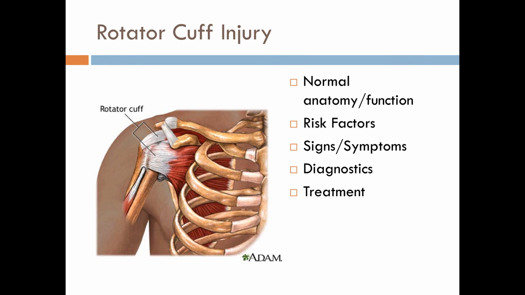Or people who have injury, like they fall with their arm outstretched, or have a blow to their upper arm, or they're lifting heavy things, or they're having any sort of repetitive work motion. So people who swing hammers are at risk of rotator cuff injury. The injury usually is a little tear. It could be a complete tear, and depending on what kind of tear it is around the muscle determines what kind of treatment they need to do.